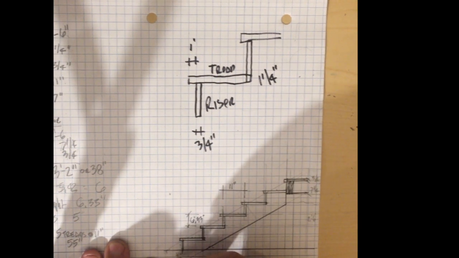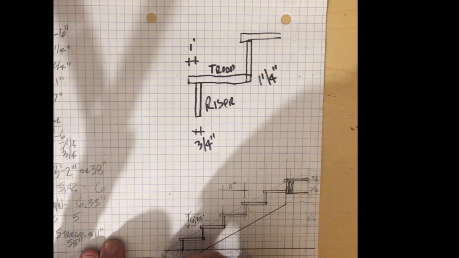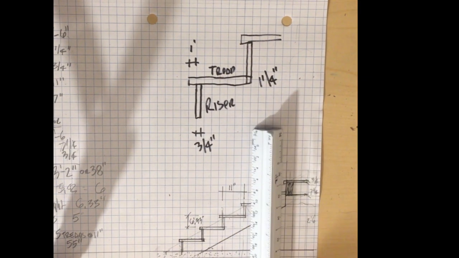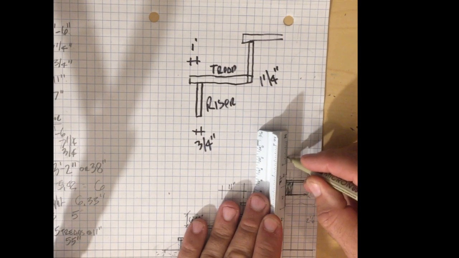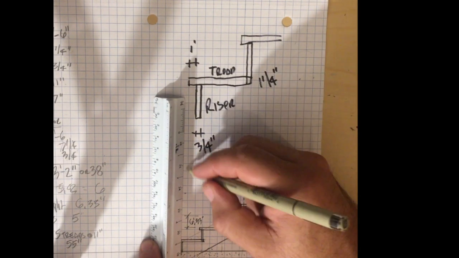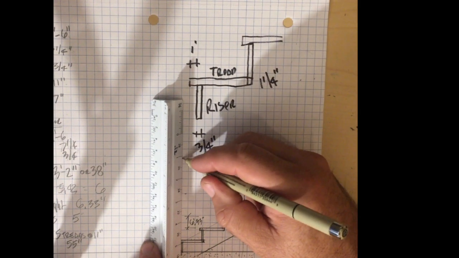I'm going to put a little hatch in here to show that this is like a concrete. And then the final thing we'd want to do is put a dimension on this for the overall. So I'm going to put that up here. You can either put it on the top or on the bottom. I didn't really leave myself a lot of room to put it on the bottom.